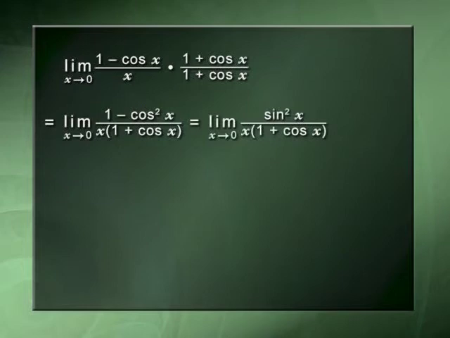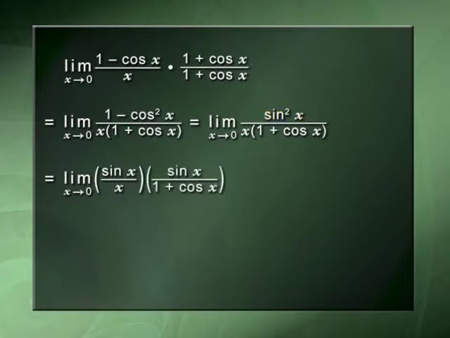So I replace the numerator with sine squared x, and my denominator is still x times the quantity 1 plus cosine x. And now I do some sort of moving people around. I take one of the sine x's and put it on top of the x. So I have sine x over x, and then I take everybody else, the other sine x, and put it over 1 plus cosine x.